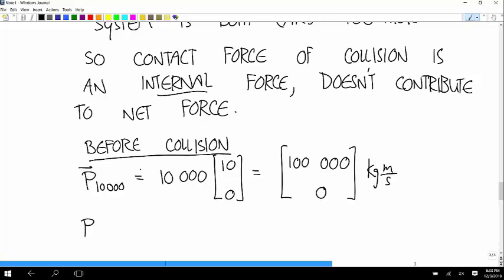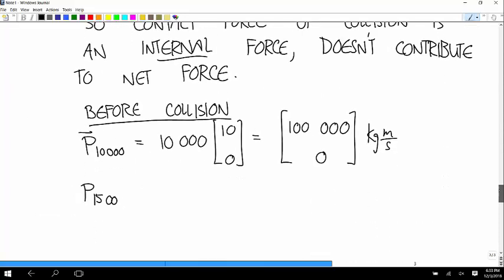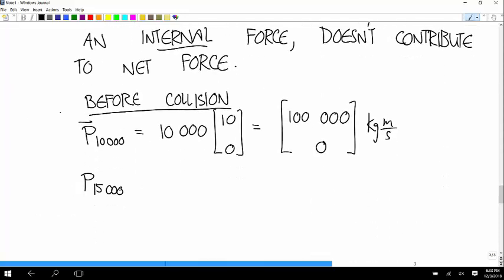The momentum before the collision of the 15,000 kilogram train car: 15,000 is the mass, it's at rest, so the velocity vector is 0, 0. And so the momentum of the second one is 0, 0.